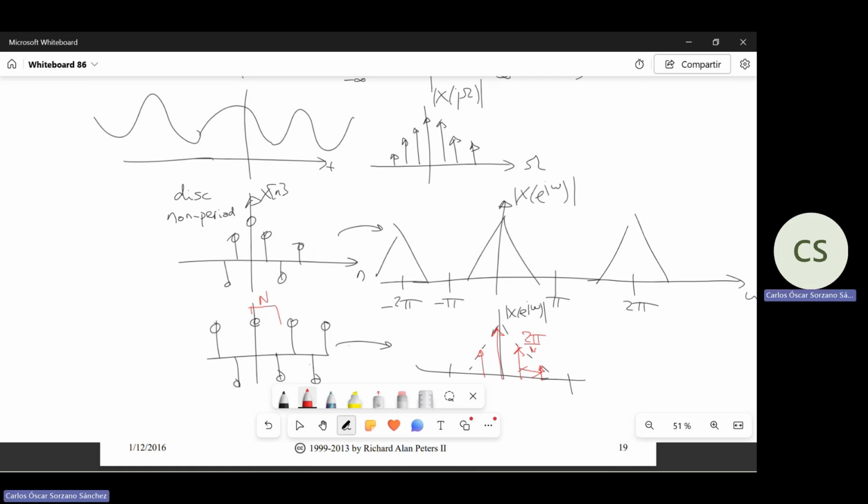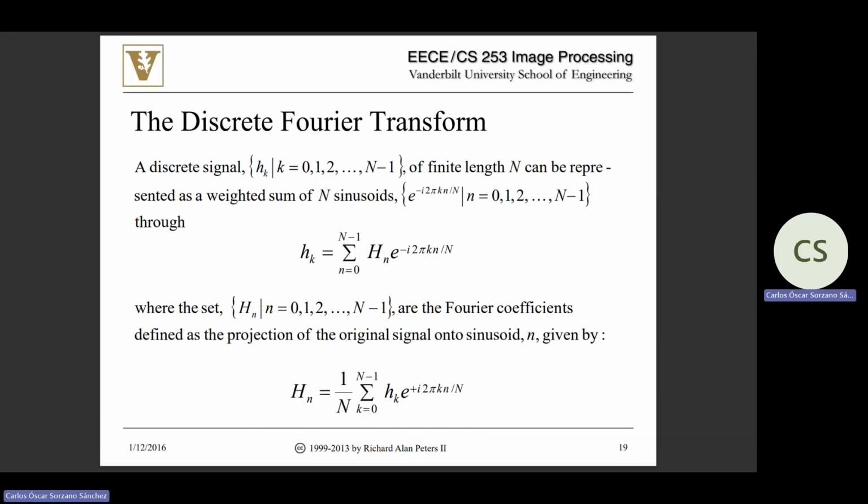Any question up to here? So this is a reminder of everything you know from one dimension. Okay, good. Now let's go for images. So here, this is the forward Fourier transform. This is the inverse Fourier transform.